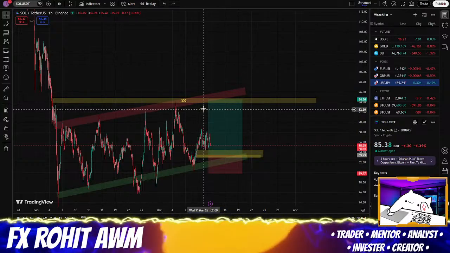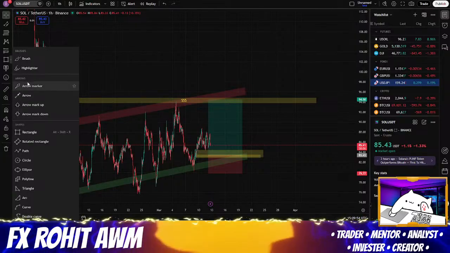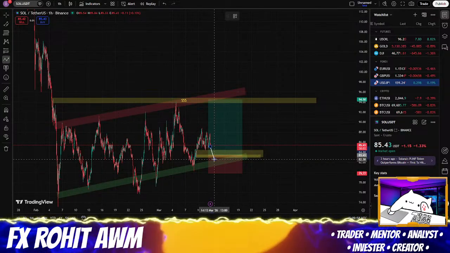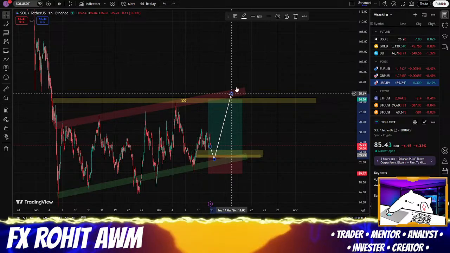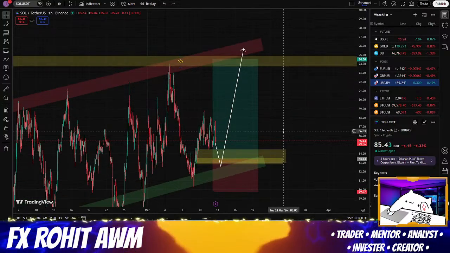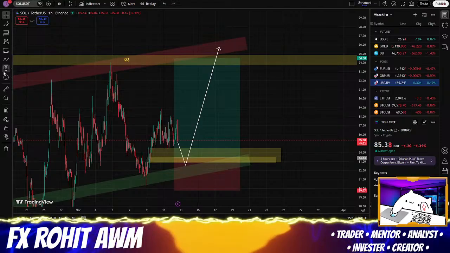So that zone is also important for us. Okay, so as per the rule, we entered after the market broke that, and after that break, that's where we entered this trade. Okay, and now I give you the price note of this trade.